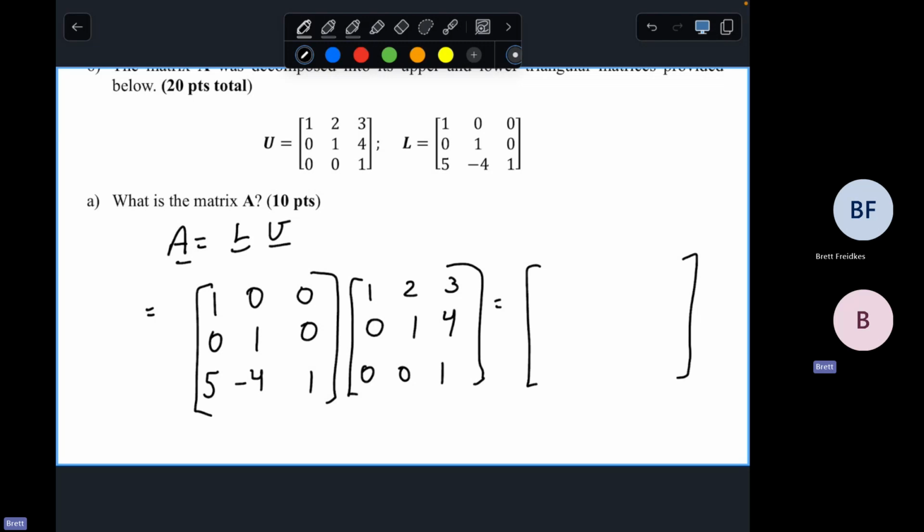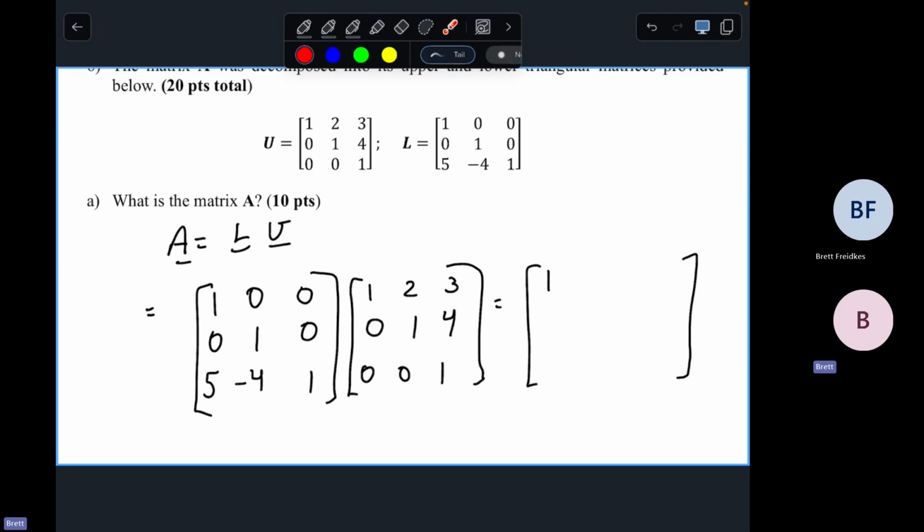The zeros help, right? That does make it a little bit easier. What is the first element in this matrix? Anybody get the first element yet? 1. That's correct. Why?